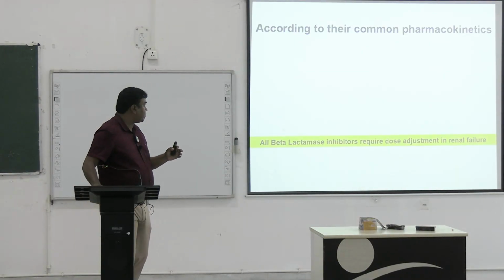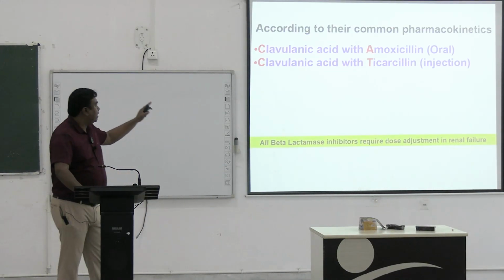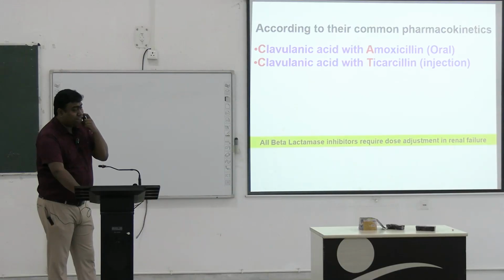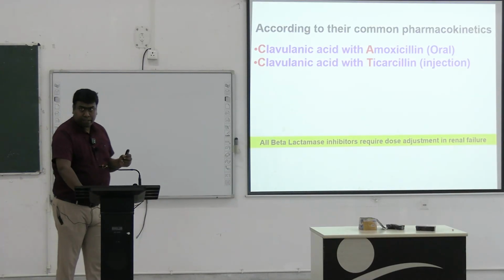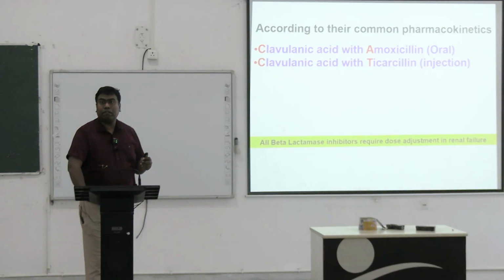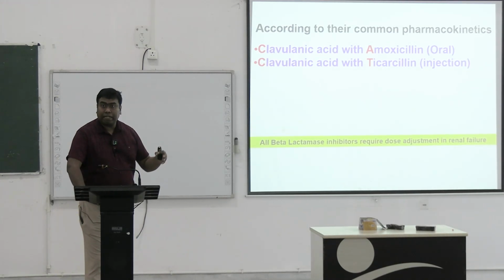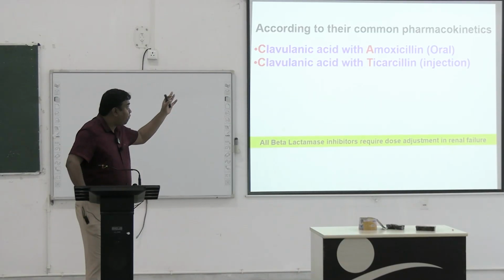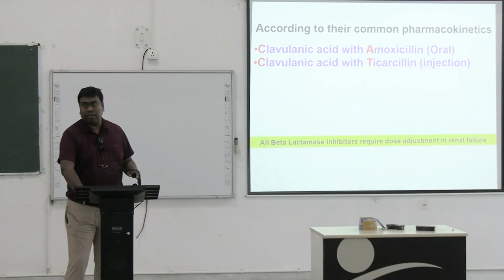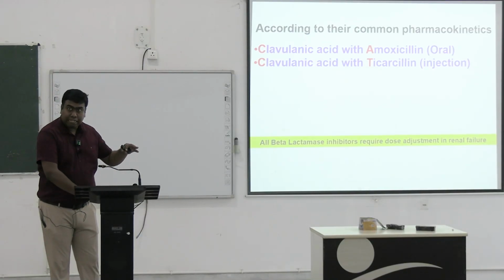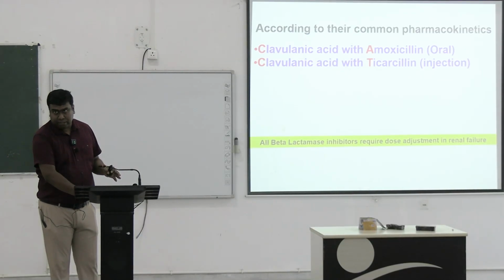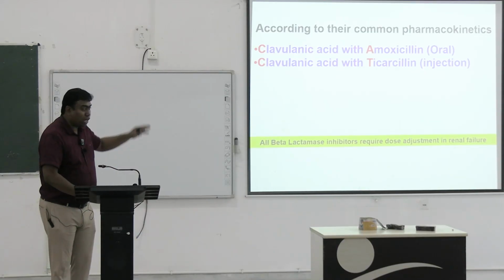Depending upon the pharmacokinetics, Clavulanic acid can be given with Amoxicillin. Ki naam? Amoxiclav. Why do they prefer Clavulanic acid over Sulbactam and Tazobactam? Because their pharmacokinetics are similar. For Amoxicillin and Clavulanic acid they are similar, and it can be given orally.